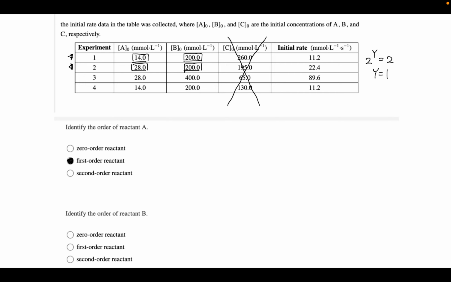Let's compare another one. Right now, A stays constant. Let's compare experiment 2 and experiment 3.